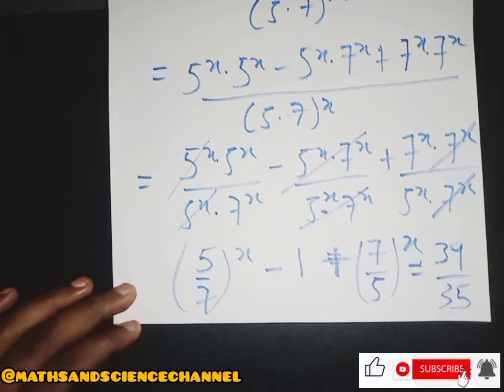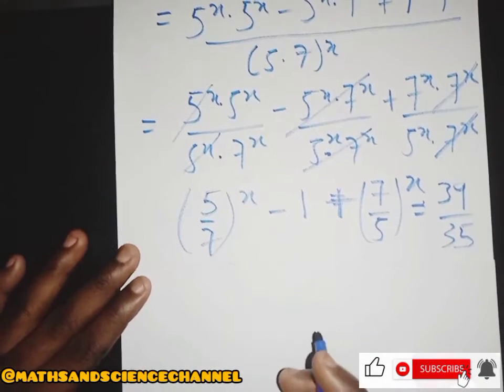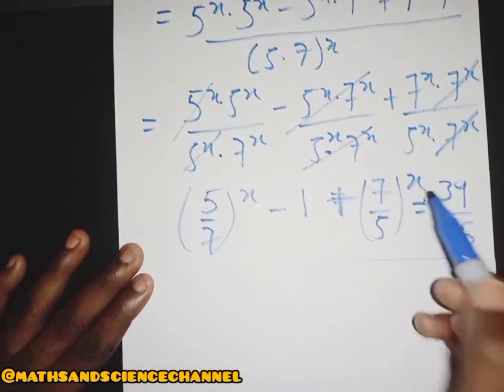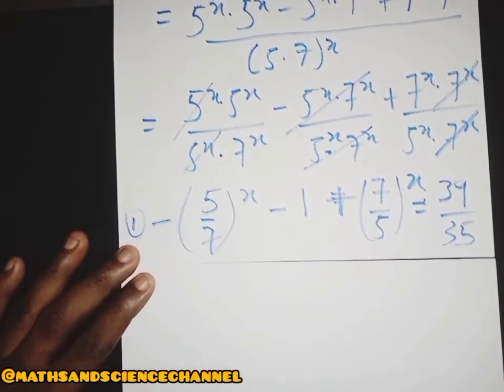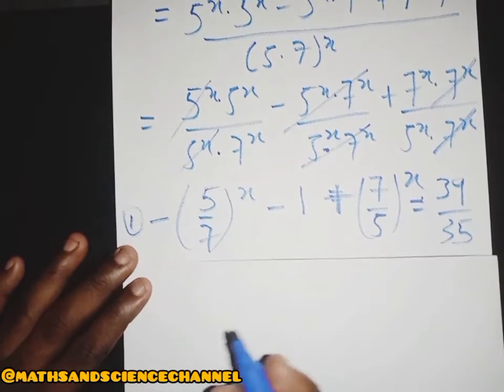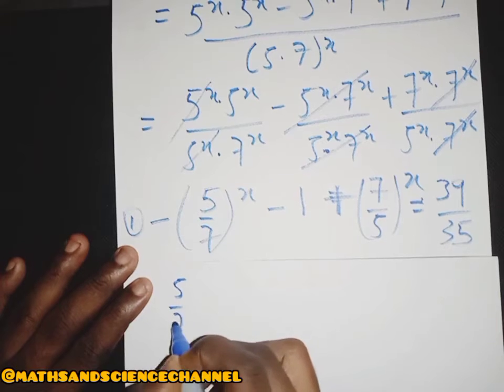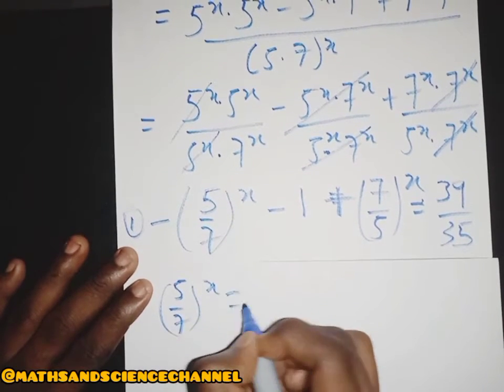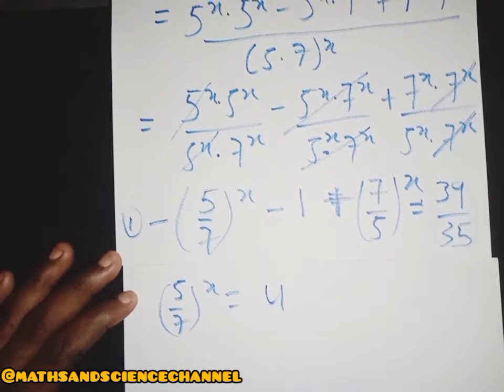Good. Now from here, let's call this equation 1. Since we have these bases, let's take 5 over 7 to the power x to be equal to a variable u.